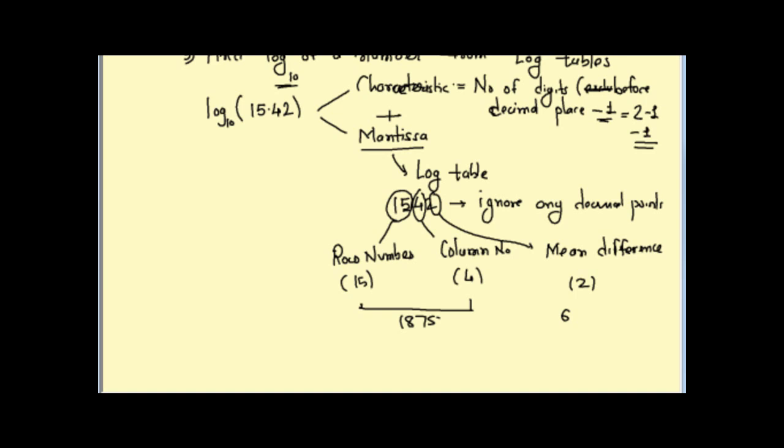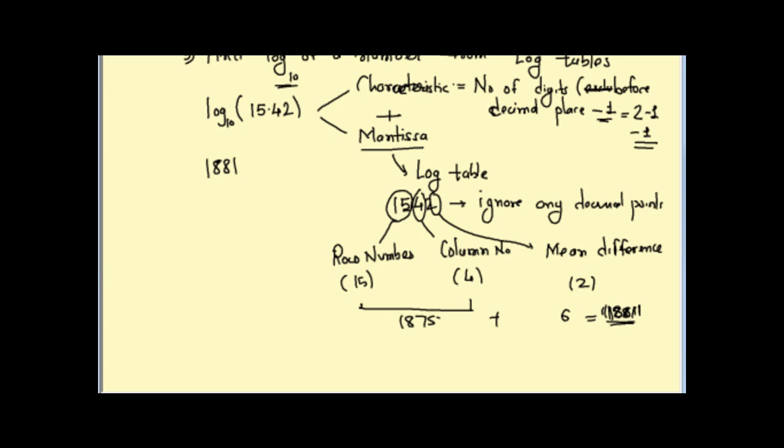Now the mean difference has to be added to this number, so the final number becomes 1881, right? Now this is not the actual mantissa.